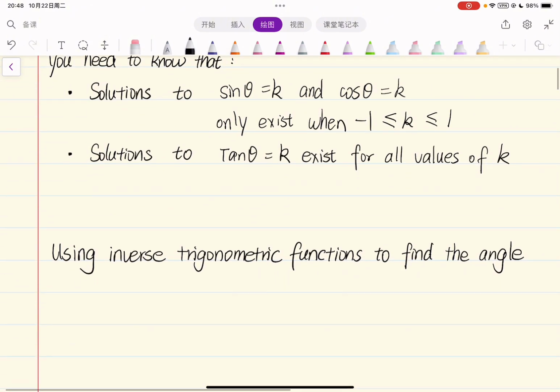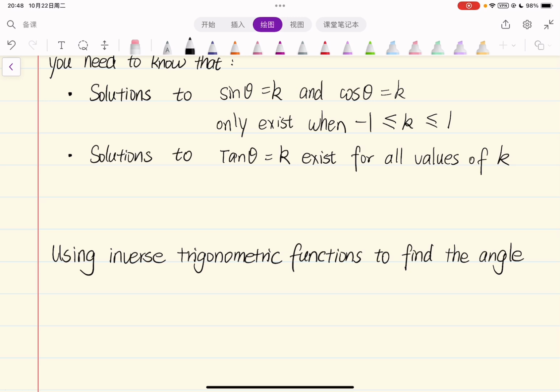So what are the inverse trigonometric functions? They are arc cosine, arc sine, and arc tangent.